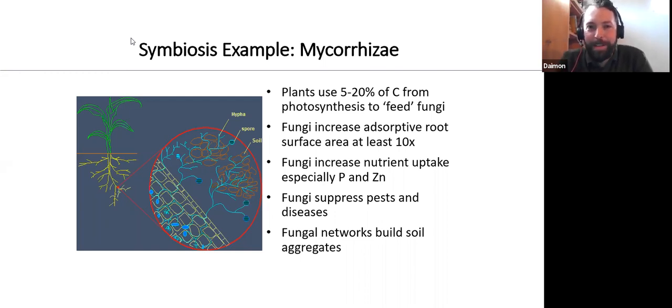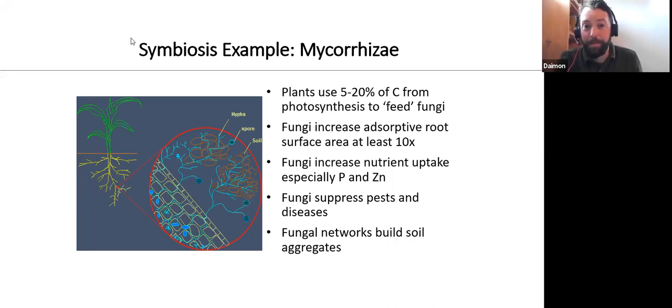The plants actually send quite a bit of carbon from photosynthesis, really some sugars, some carbohydrates, that sort of stuff. They exude it out of their roots into the soil to feed fungi. In this case, it also feeds other soil microorganisms.